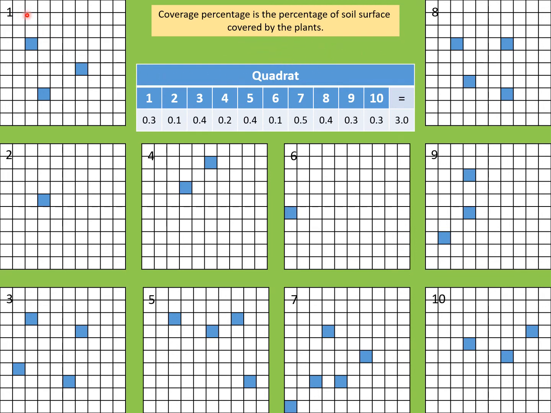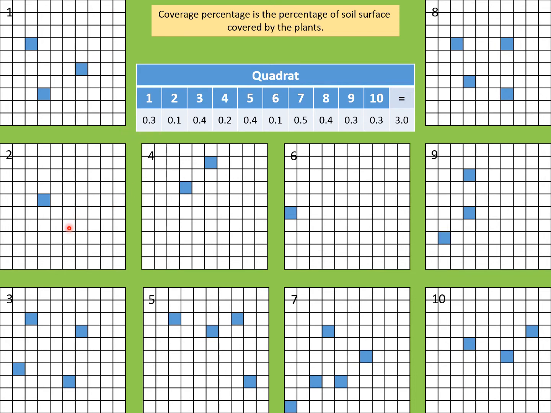This is 1 meter square. There are 10 small squares here, and also 10 small squares here, so altogether there are 100 small squares. In quadrat number 1, only 3 plants of species X occupy the hundred small squares, so we put 0.3.